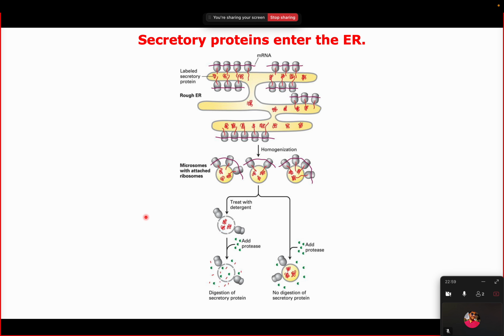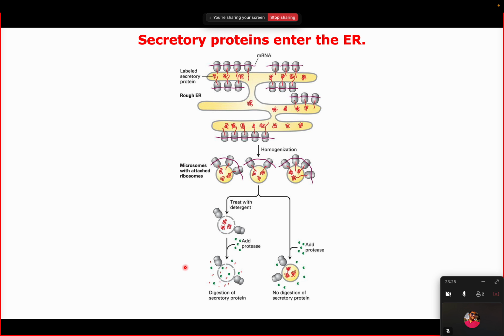Okay, microsomes are just membrane structures which have the translating subunit attached to them. So if you add detergent, as detergents are like lipid molecules through which the membrane is being made, the detergents will disrupt the membrane, and then if you add proteases, or enzymes which digest protein, what you will get?